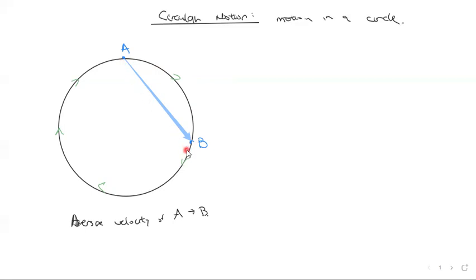So if I want to get the instantaneous velocity at A, how do I do that? How do I get instantaneous velocity at any point? Well, we want it at A as an example, but in general, at any point.